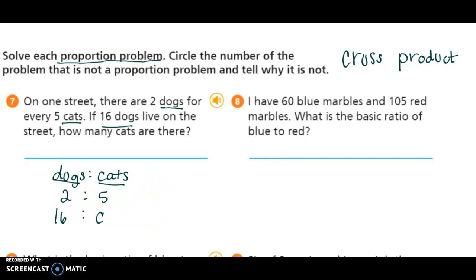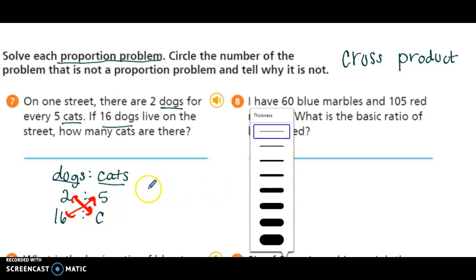Okay, at this point, you can go back to your old factor puzzle, but sometimes we're going to find out that you're not going to get whole number factors that work. So there's something called a cross product strategy. That is, you look at your diagonals, and you write multiplication sentences.